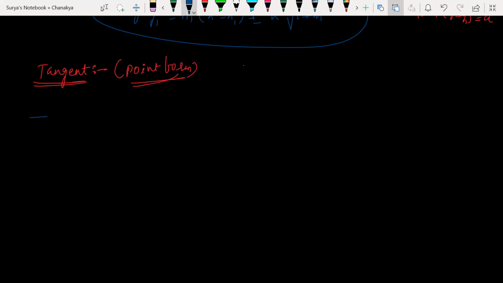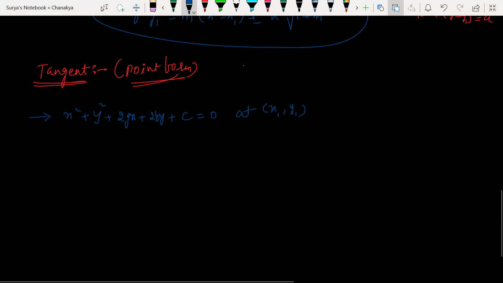So look at this now. For this circle, x square plus y square plus 2gx plus 2fy plus c is equal to 0 at x1 comma y1. What is the tangent point form of the circle to this circle?